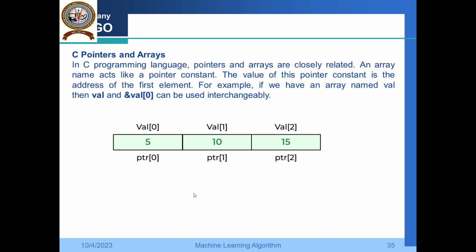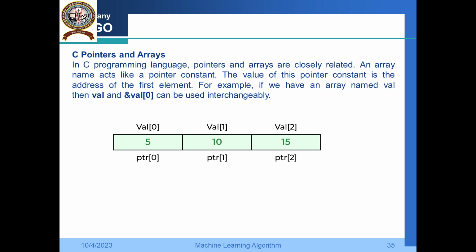Now, C pointers and arrays. In the C programming language, pointers and arrays are closely related. An array name acts like a pointer constant. The value of this pointer constant is the address of the first element.